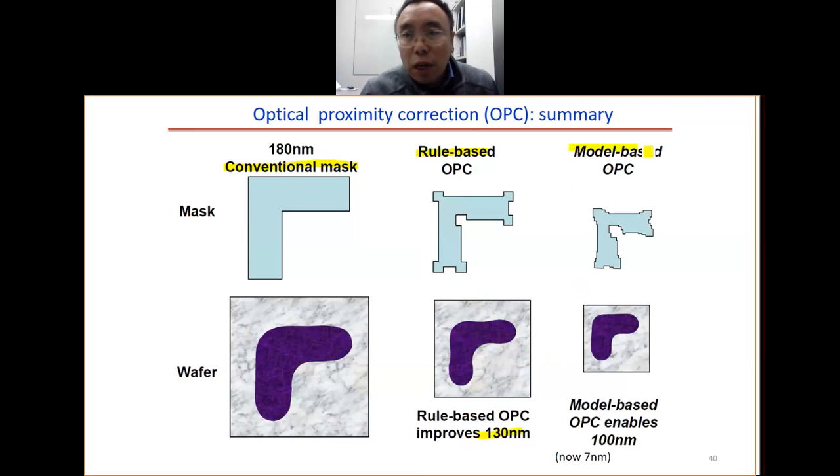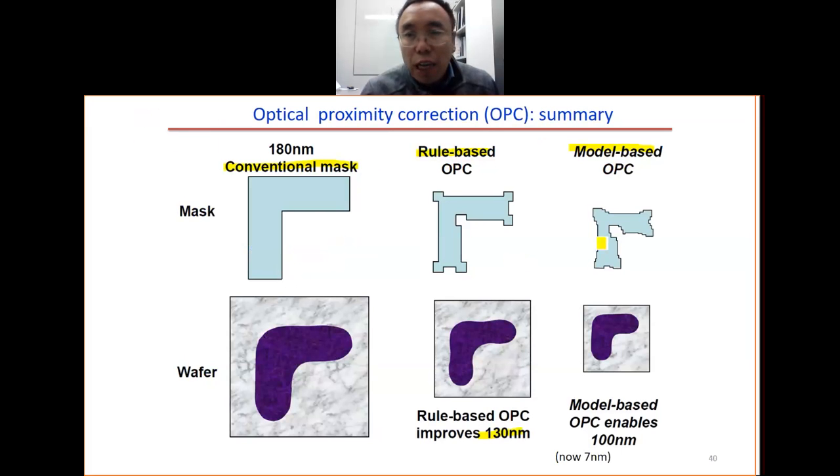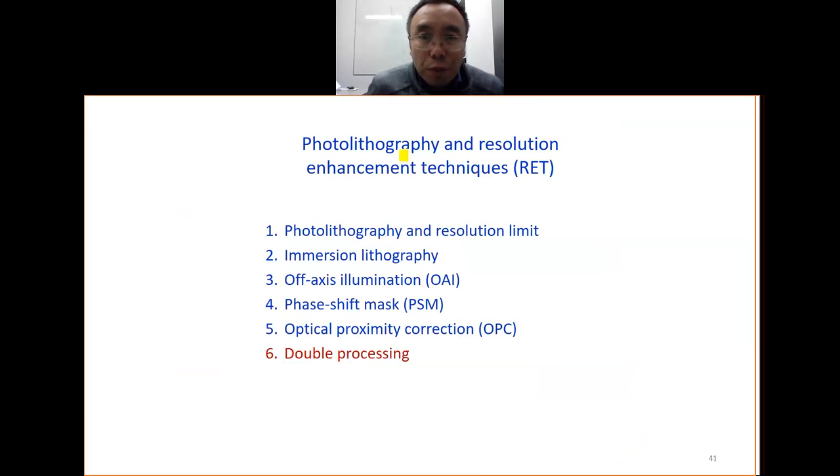This is what I call the model-based, where we do numerical simulation to design the photo mask. We get even smaller feature size, this is what I said, 100 nanometer. But actually today we get down to 7 nanometer by using this optical proximity correction together with other tricks we have seen so far. Okay, thank you.